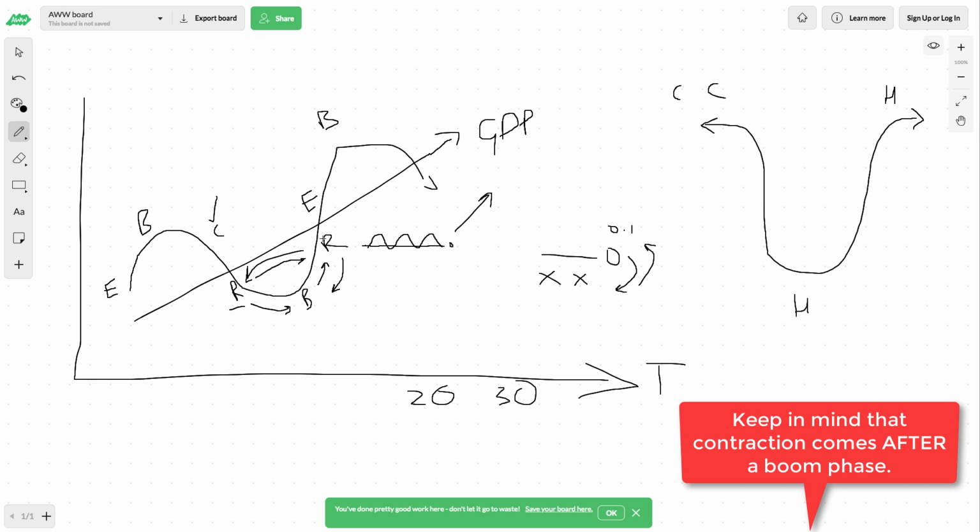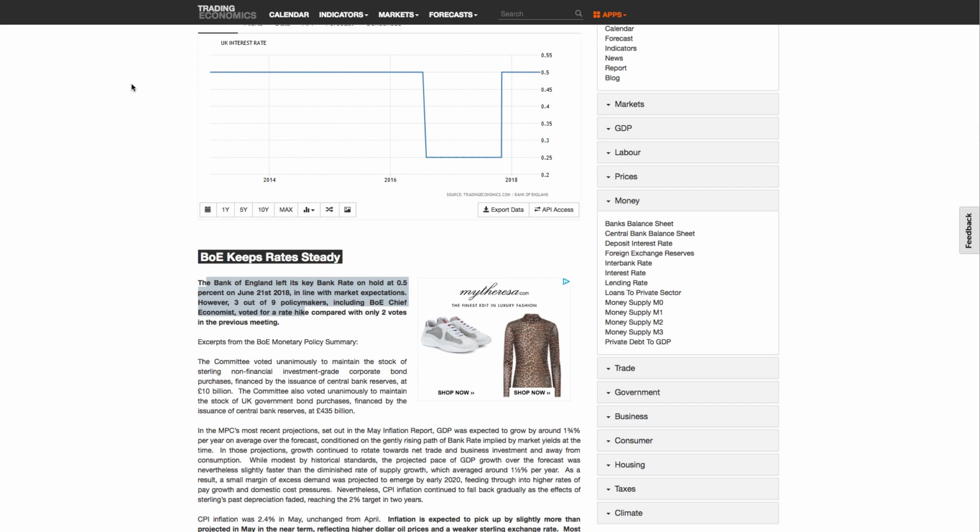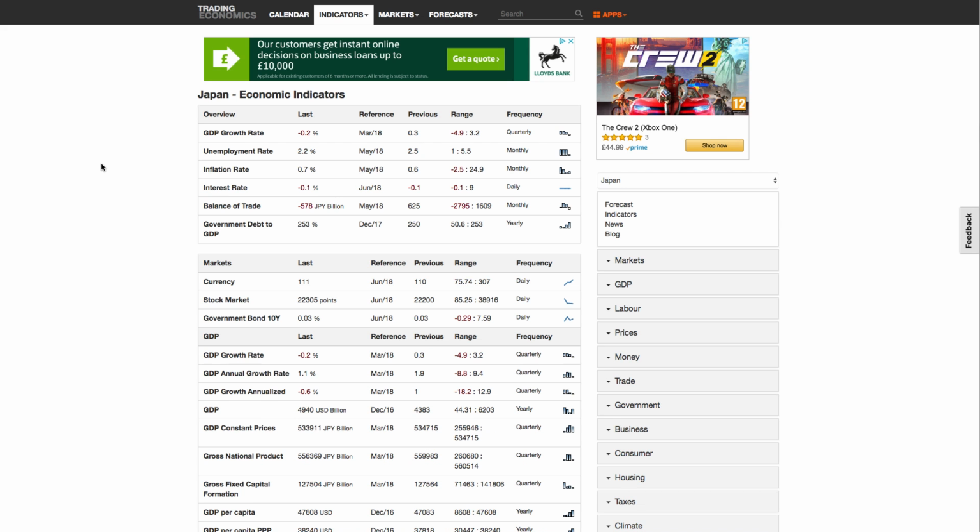If they're talking about raising interest rates, right, and hiking interest rates, they should be in the recovery phase of the business cycle. So let's look at something like the Japanese yen. With the Japanese yen, we can see that their GDP growth rate is 0.2%, right?